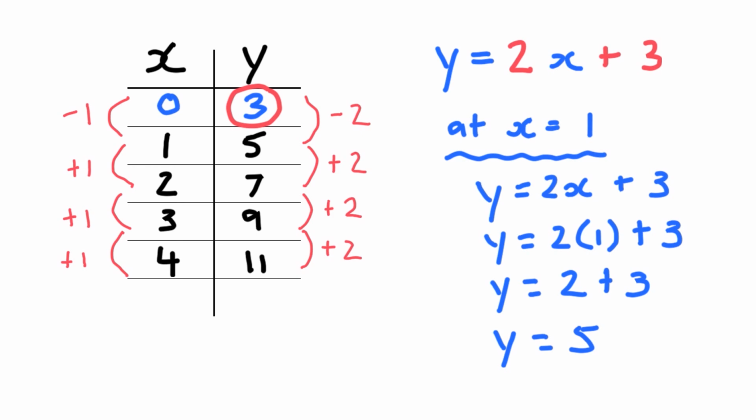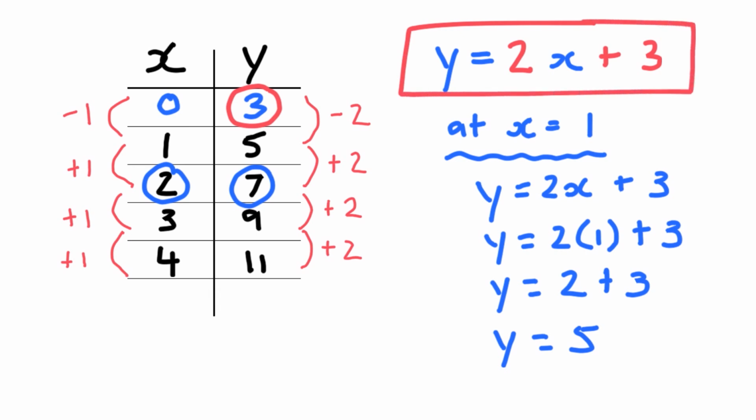Now I can also do this for the other values. If I were to plug in x is equal to 2, my final answer for y should be 7. And that's actually what happens. 2 times 2 is 4, plus 3 is 7. So I know this equation is a good one. It matches up with my data.